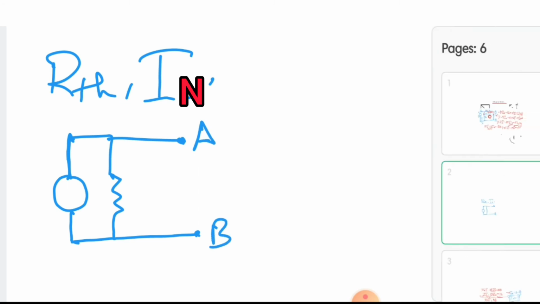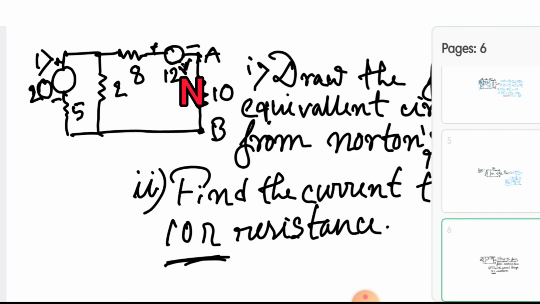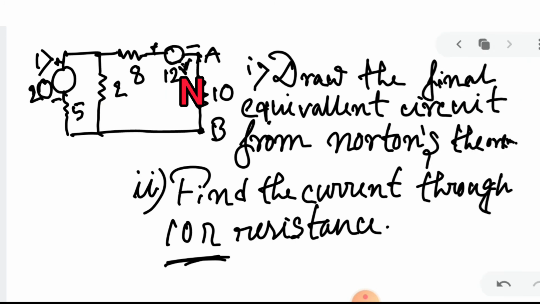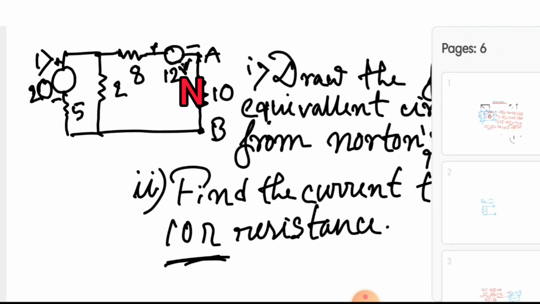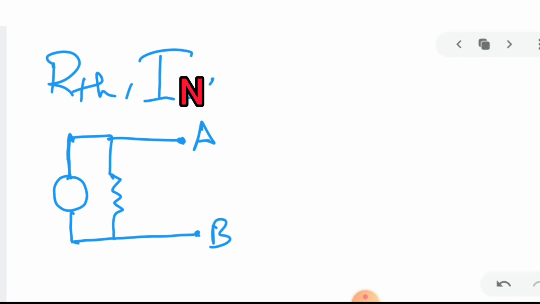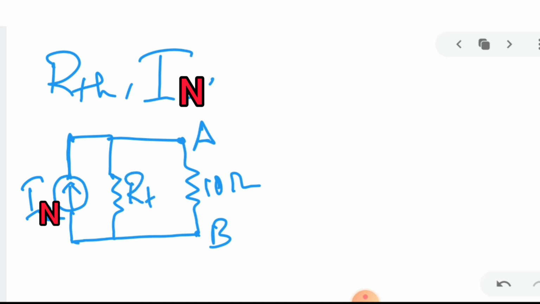In the question, between the AB terminals it is given 10 ohm, so we neglected it earlier, but here we need to join it across AB. So it is 10 ohm, and it is IN, and it is RTH.